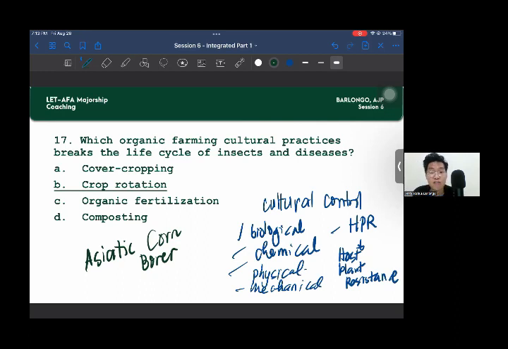So there's a lot to discuss about BT corn, and perhaps in the next sessions we can discuss that more extensively. Yeah. So these are just some form of control. Meron ding mga items na ganito mamaya in the next items about this control.